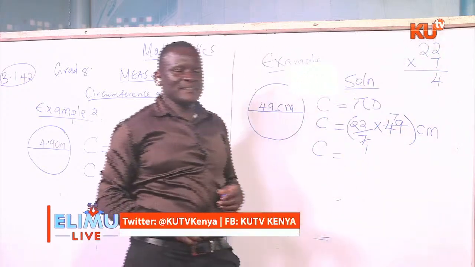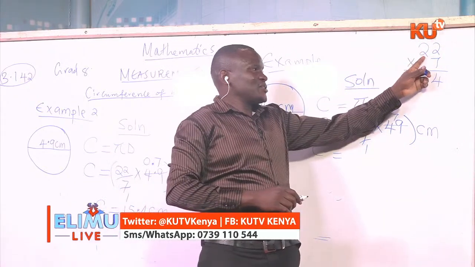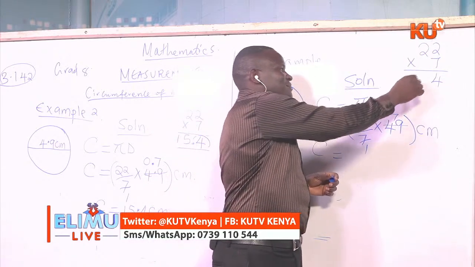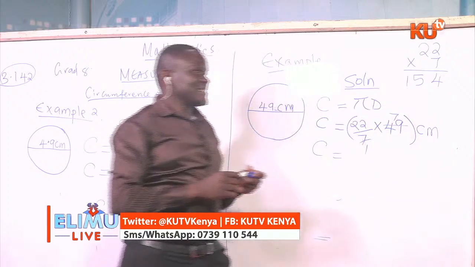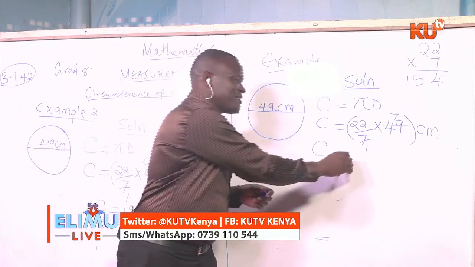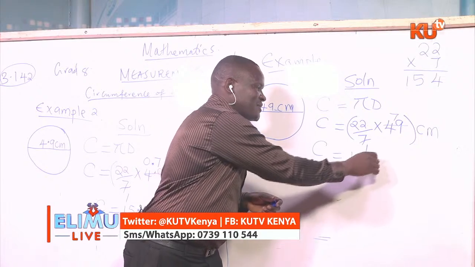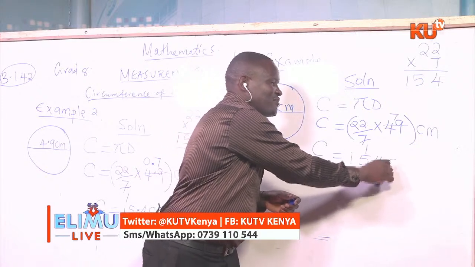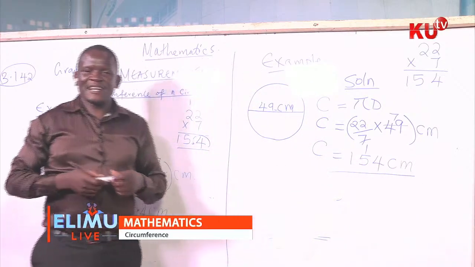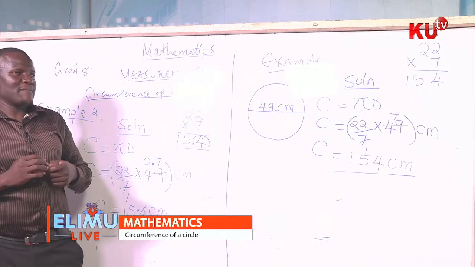We carry 1. Then 2 by 7 is 14 plus 1, we get 15. So we therefore have our circumference as 154 centimeters as the circumference of the wheel.